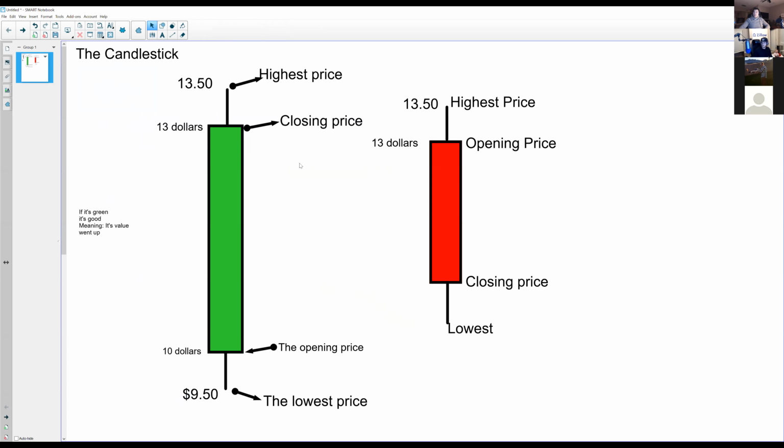It's not drawn to scale, so I'm sorry. If I look at this candlestick, the opening price, meaning at that hour or that 5 minutes or that day, whichever you look at, and we'll go into that more specifically, started at $13. It hit $13.50, so it was looking upwards.